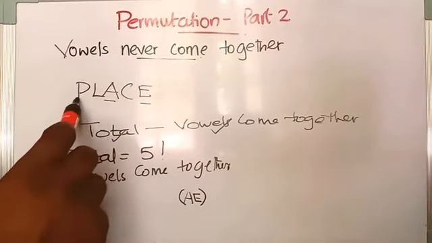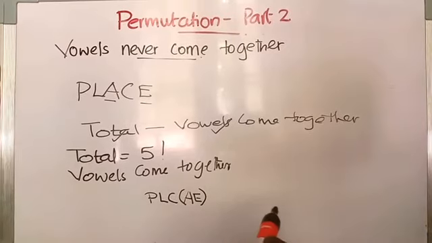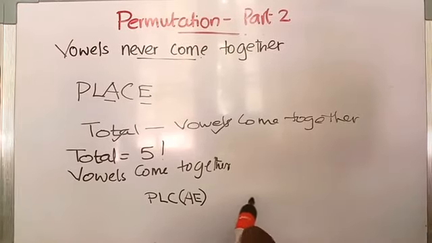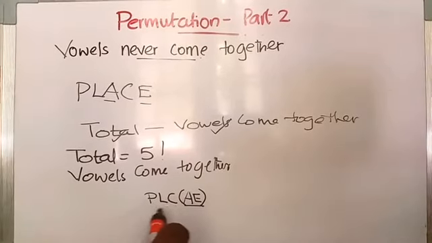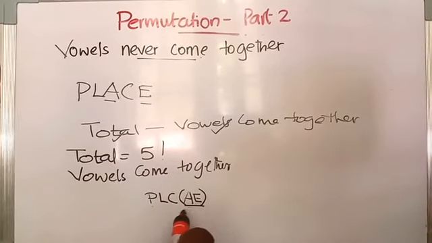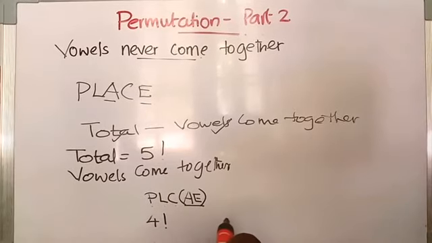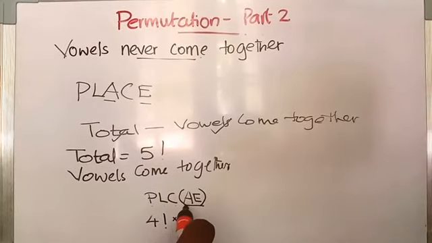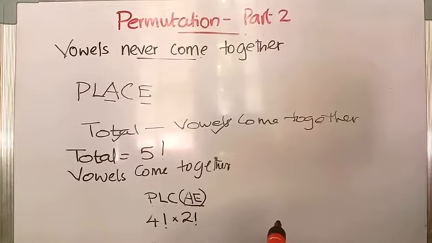Remaining consonants are P, L, C. So totally we have 1, 2, 3, 4 places, which can be arranged in 4 factorial ways, into, when you see this group, there are 2 letters, so it can be arranged in 2 factorial ways.